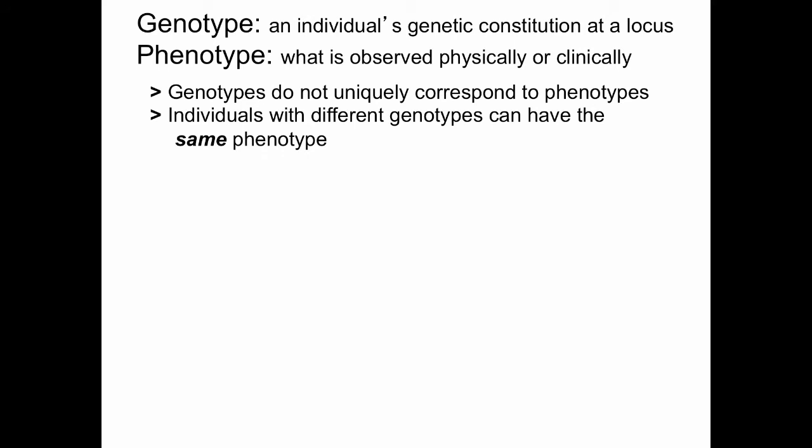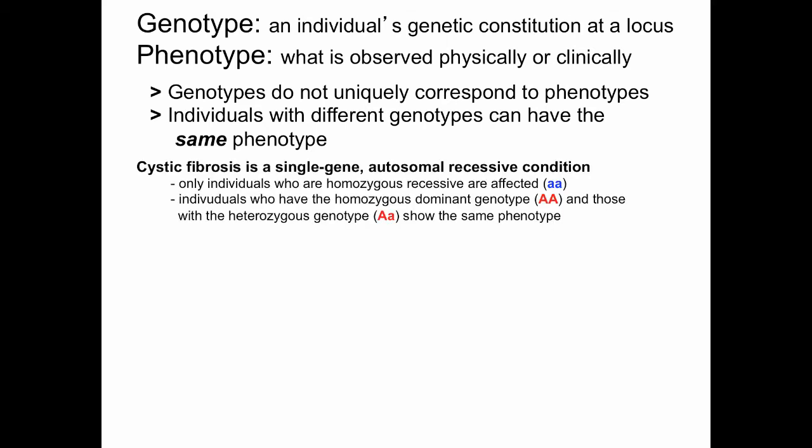Genotypes don't necessarily correspond to unique phenotypes, and individuals with different genotypes may have the same phenotype. So, for example, cystic fibrosis is a single gene autosomal recessive condition. Only individuals who are homozygous recessive, little a little a, would be affected by cystic fibrosis.